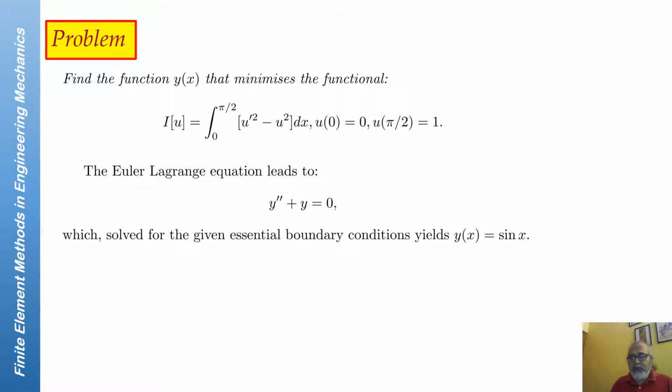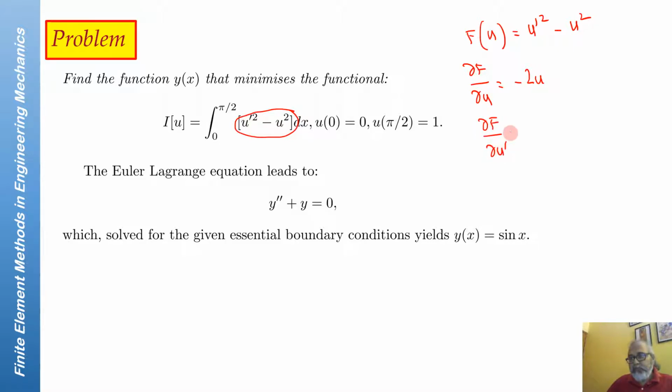Now here's a simple problem. This is your functional, this is your f, and it is f of u is u'² minus u². So calculate ∂f/∂u, that is minus 2u. Calculate ∂f/∂u', that is 2u'.